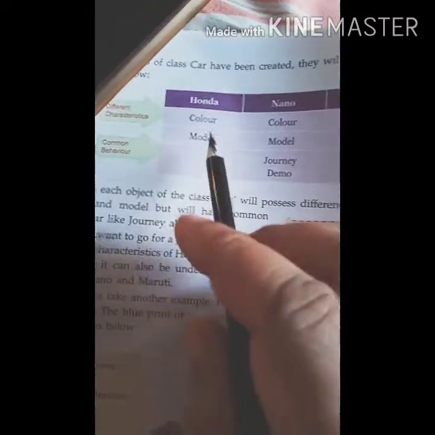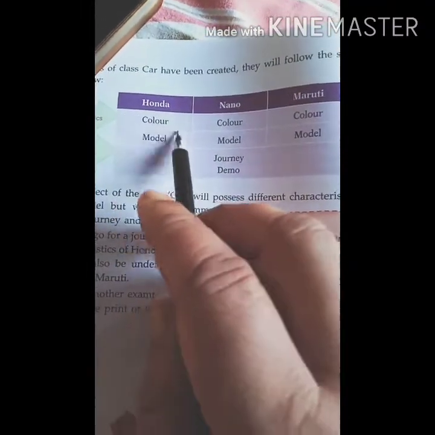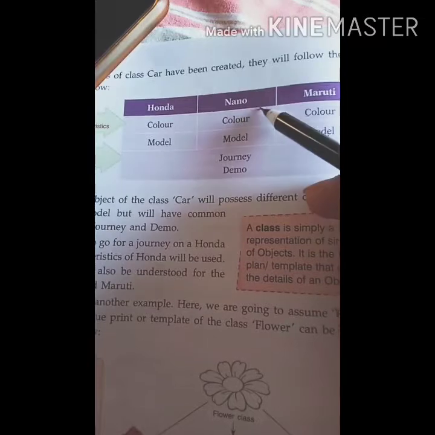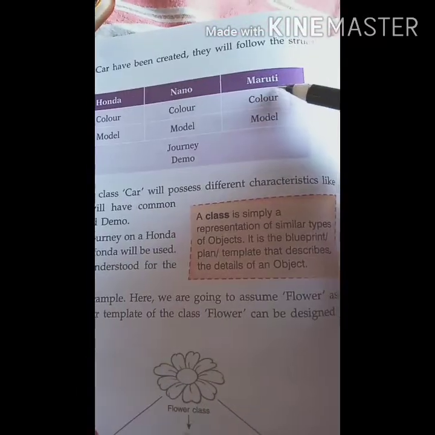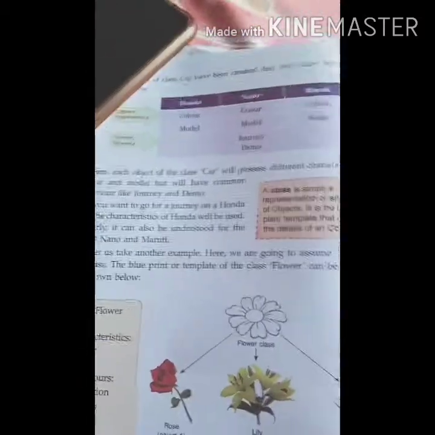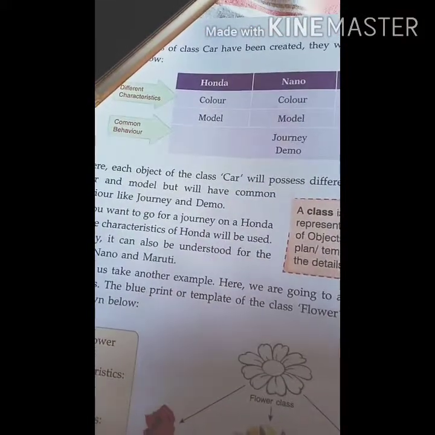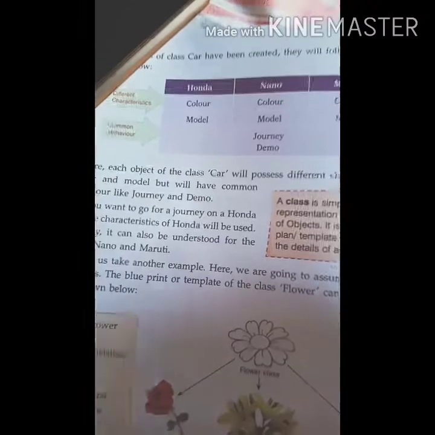Next, Honda has different colors and models, Nano has different colors and models, and Maruti has colors and models. So these are the characteristics and behaviors of an object.